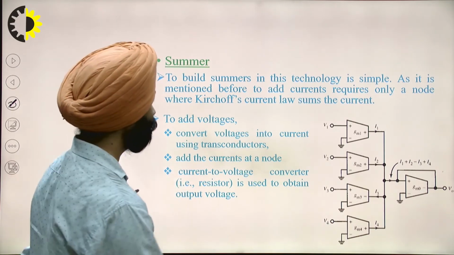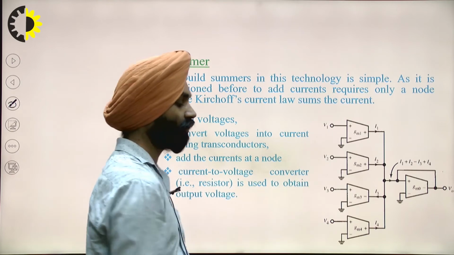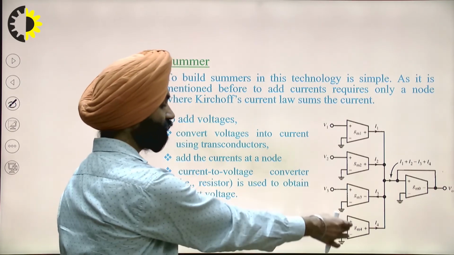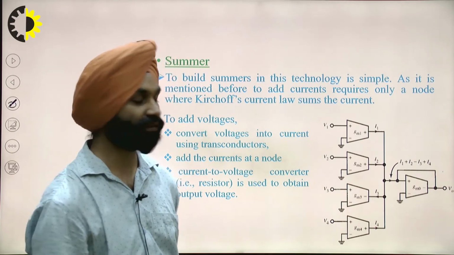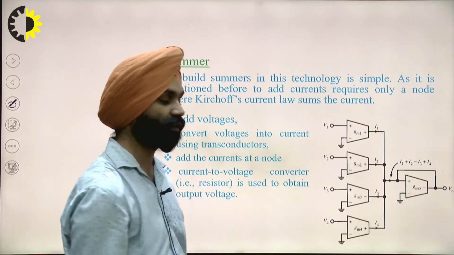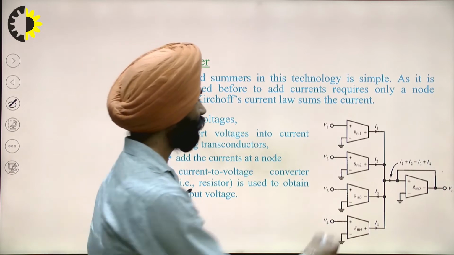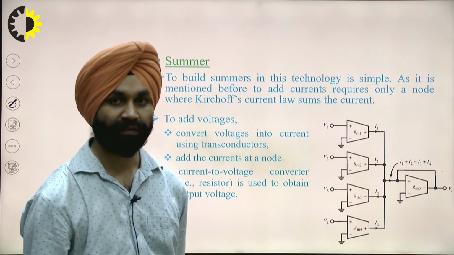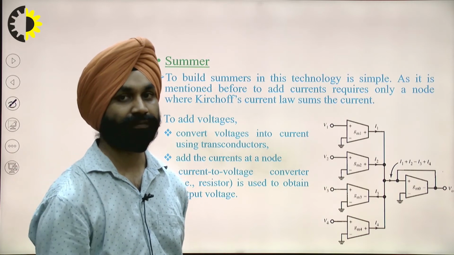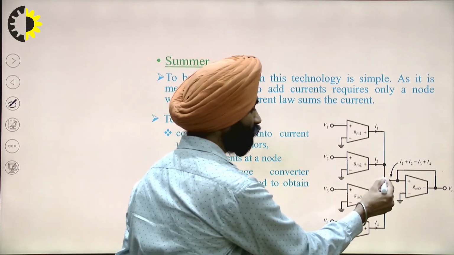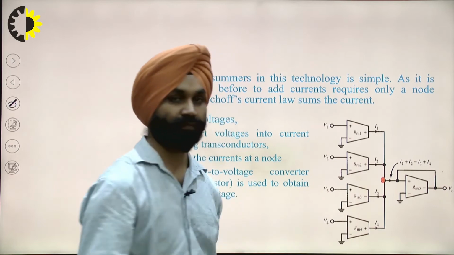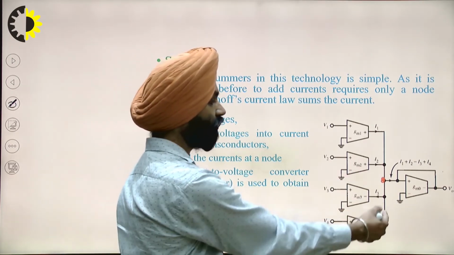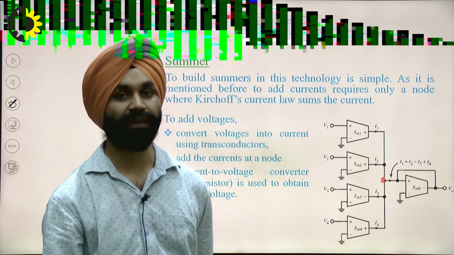For example, if we have these four transconductance amplifiers, GM1, GM2, GM3, GM4, and four different voltages are applied, V1, V2, V3, V4, the outputs will be I1, I2, I3 and I4. Then all the currents will be added up at this node, to give the sum of all the currents, I1 plus I2 plus I3 plus I4.